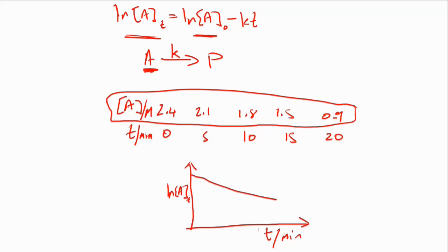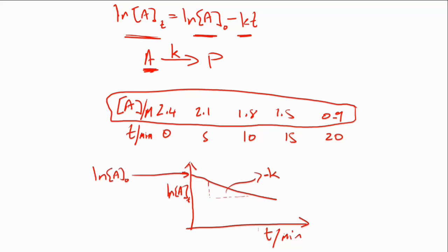But then you already figured that out by just looking at this equation. Now, that slope is equal to minus k, the rate constant. The intercept, what do you think the intercept would be? The intercept is ln A naught.